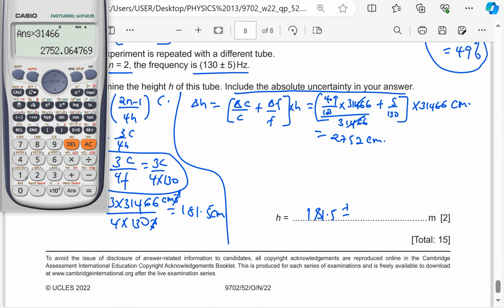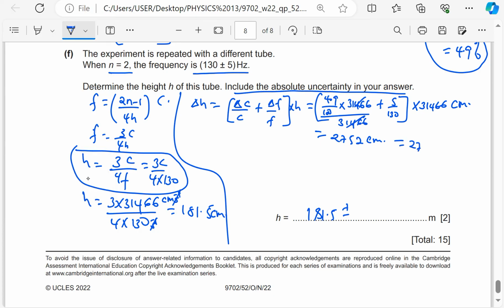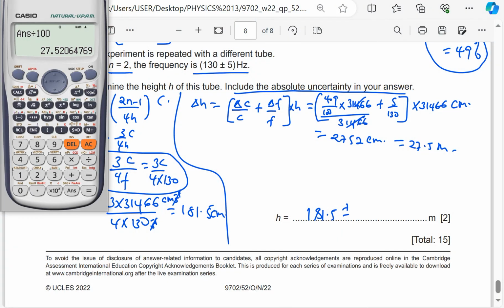So I have in meters, it is going to be divided by 100. So this is going to be 27.5 in meters. Then I'll also change this from centimeters to meters.